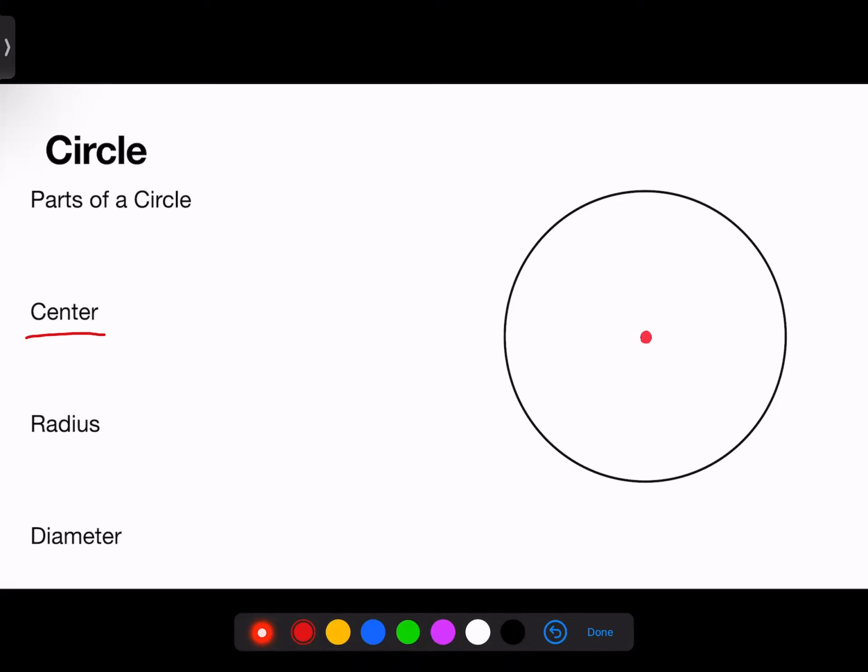The radius is a line that extends from an edge of a circle all the way to the center. The diameter extends from one edge of the circle to another edge of the circle, passing straight through the center.